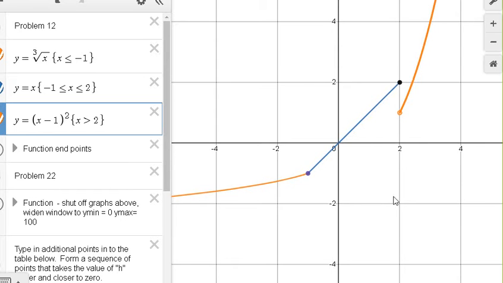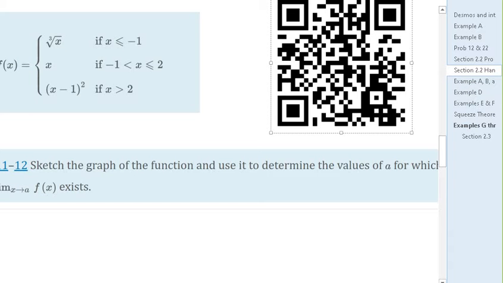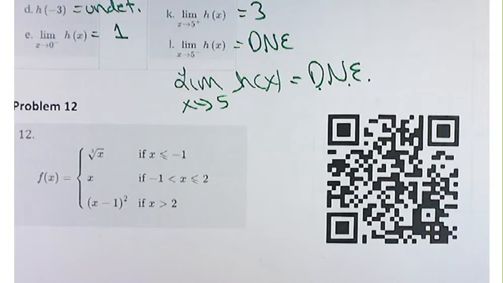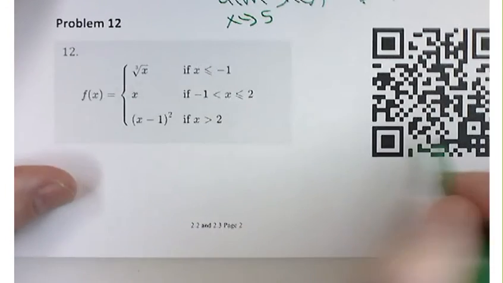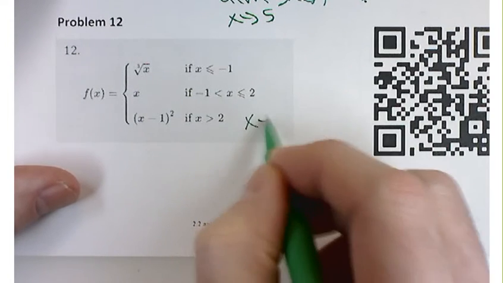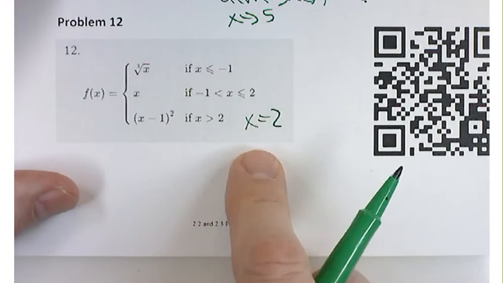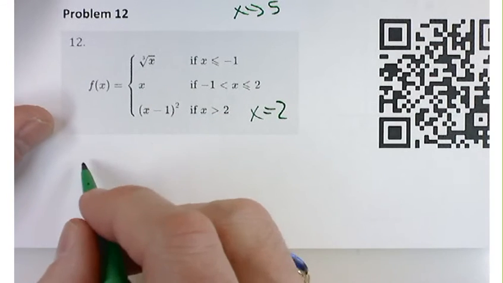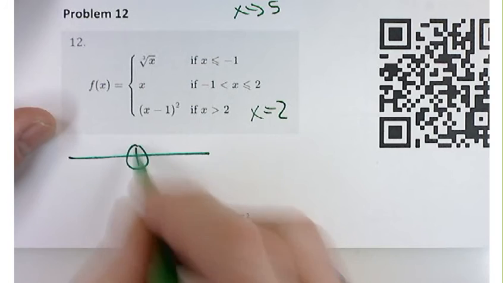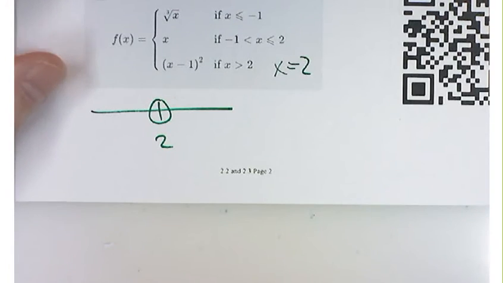Now, as far as the answer to the problem is concerned here, WebAssign might want you to fill things in this way. It's at x equals 2 where the graph is not going to have a defined limit. Everywhere else, other than 2, the graph is going to be defined.